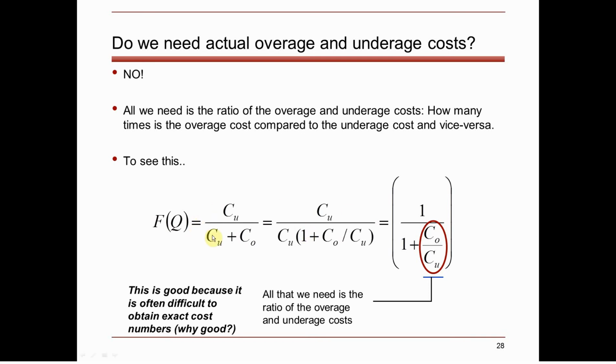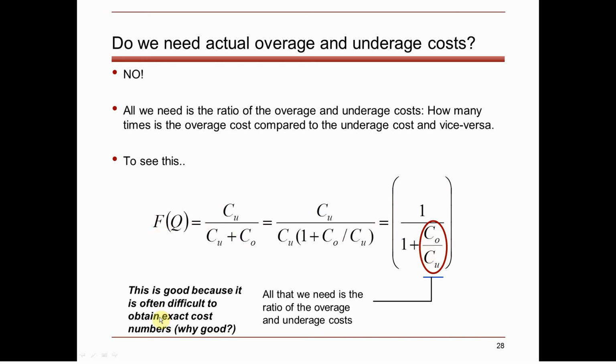If we look at the critical ratio and do some algebra, you can rearrange this, and you can see that the critical ratio is equal to 1 over 1 plus the overage divided by the underage. And again, we looked at that before, remember? If we just know what this ratio is, or you can see if it's bigger than 1 or less than 1, we can get an idea of what this is.